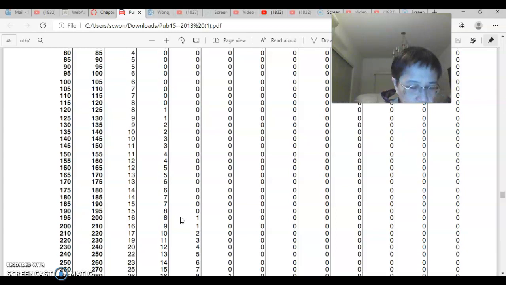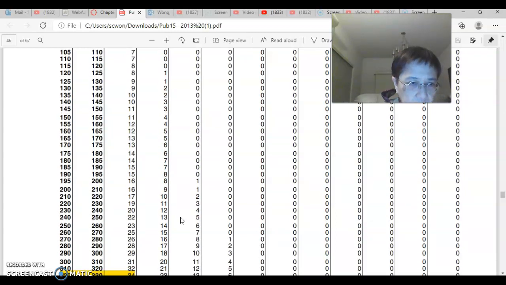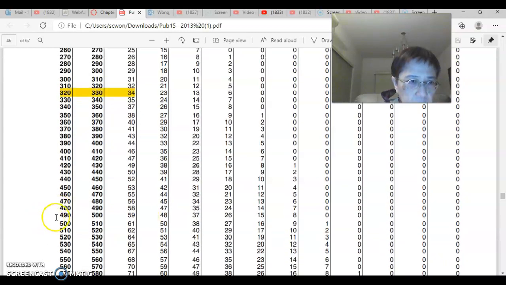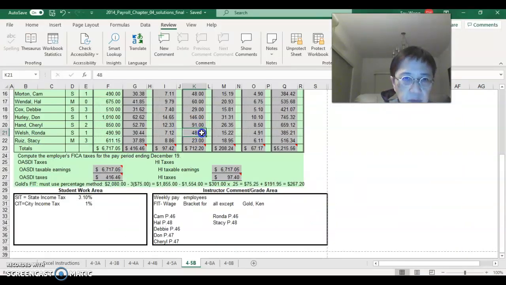Rhonda is making $490.90, which is at least $490 but below $500, and her allowance is 1, so it's $48 federal income tax withholding. Okay, $48.